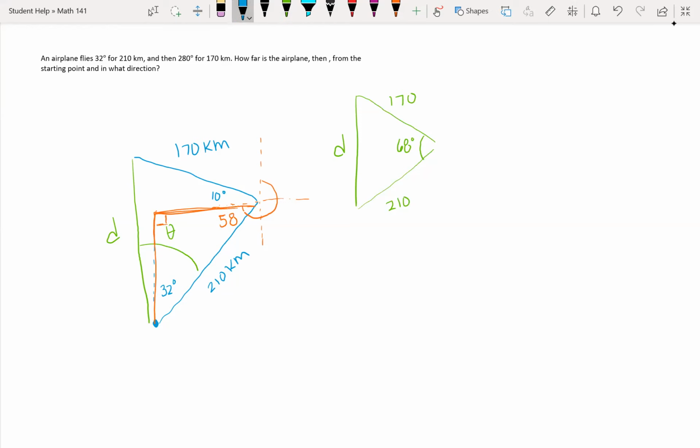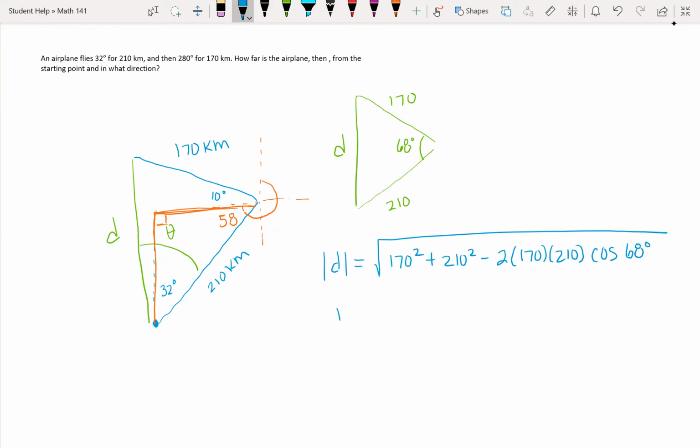So d is going to be the square root of, using the law of cosines, I take the two sides and square them, minus 2 times the two quantities multiplied together, and then multiplying by the cosine of the included angle. Plugging that into the calculator, we get that the distance is about 215 kilometers.